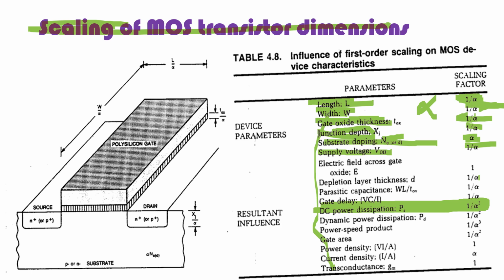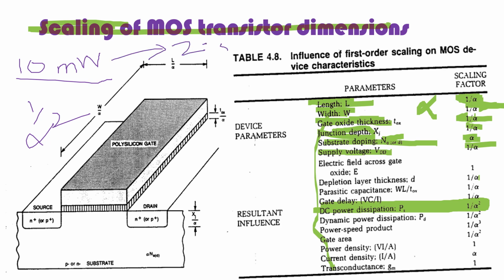Say for example, if my circuit was consuming 10 milliwatt earlier, then that 10 milliwatt will be reduced by 1 by alpha raised to 2. So it will be consuming 2.5 milliwatts.